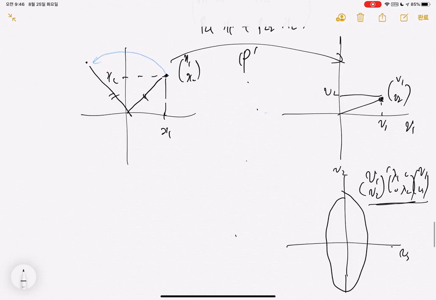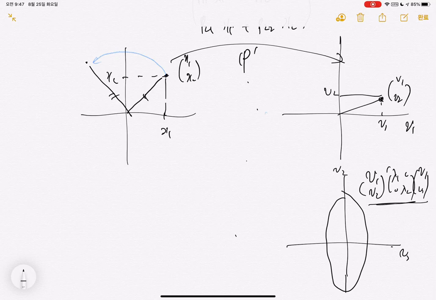Now, what then is the quadratic form? What graph does the quadratic form in terms of the original vectors x1 and x2 and A create? So the P rotates the thing.